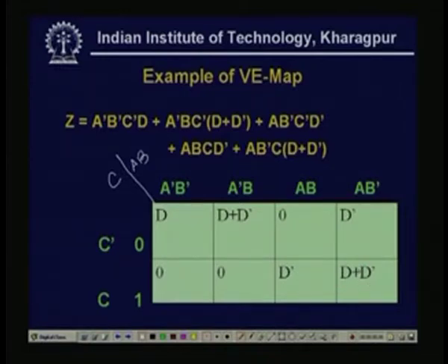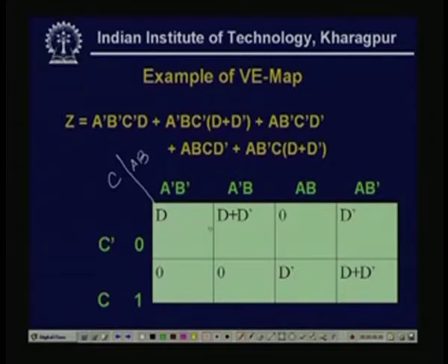Now, if we try to select couples the same way that we have done in the K map, because our aim is to reduce the function, how can we do that? See here, these are 2 adjacent elements where a value other than 0 exists. In the normal K map, 1 was there.